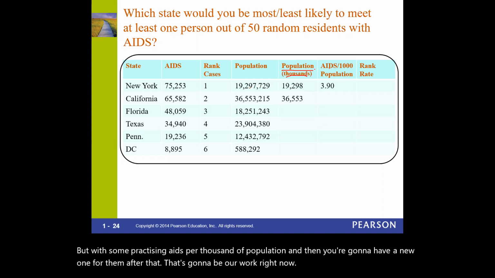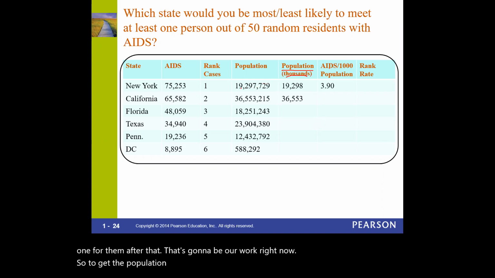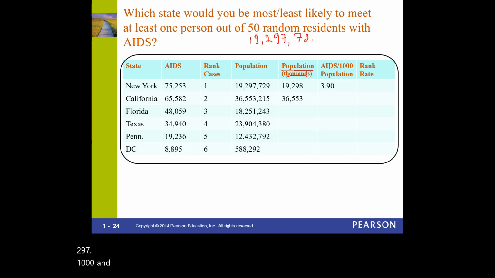To get the population per 1,000, I'll take the first one, 19,297,729, and divide it by 10,000.